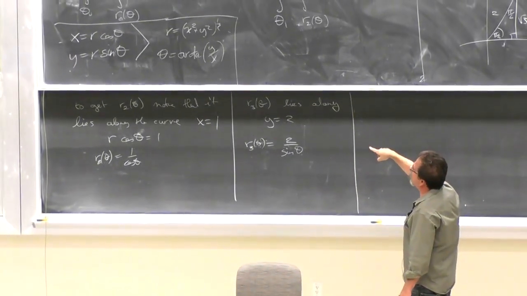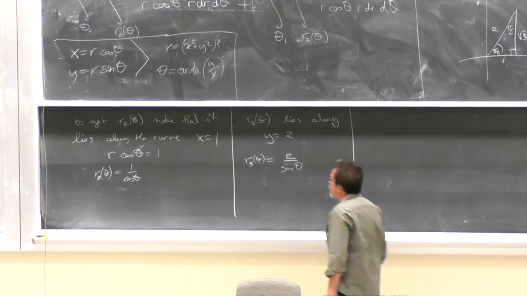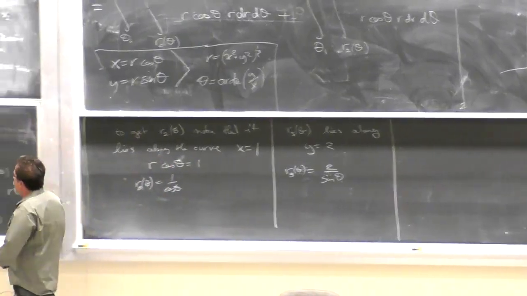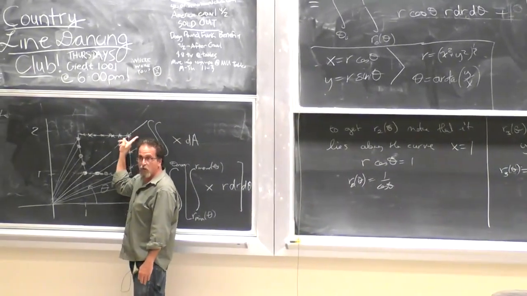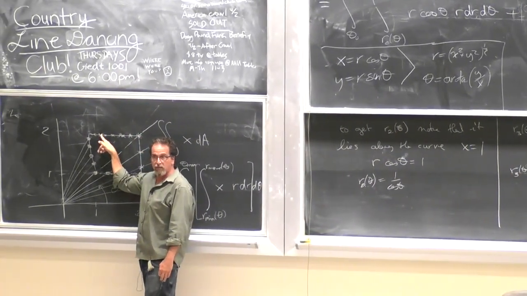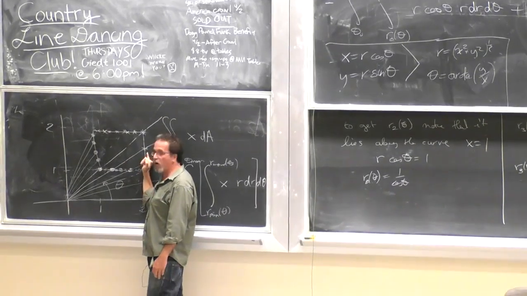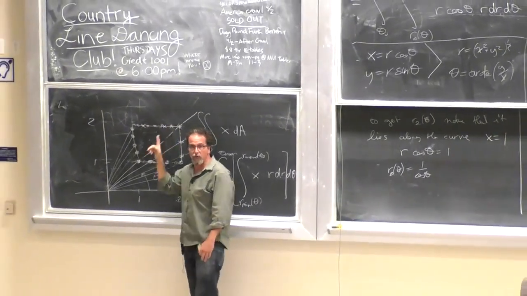Now I have to get theta 1. Theta 1 was the intersection. Now we can just look. Where's theta 1? Well, theta 1 is the intersection of this curve with this curve, right? This is the curve R1, and this is the curve R3.